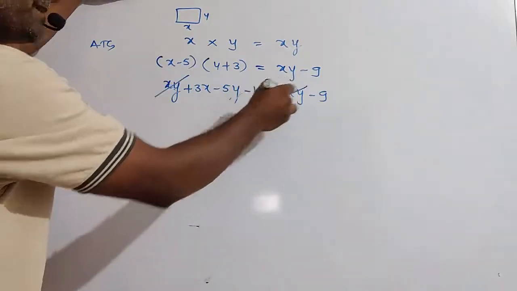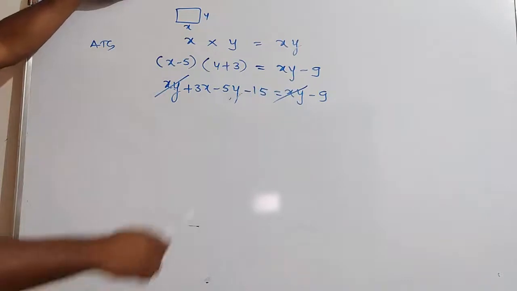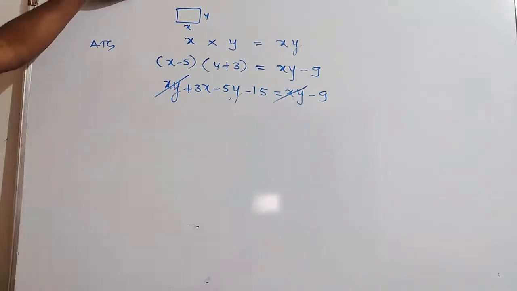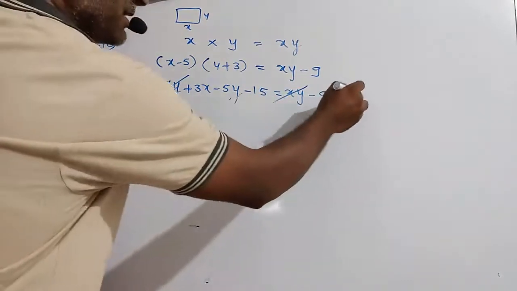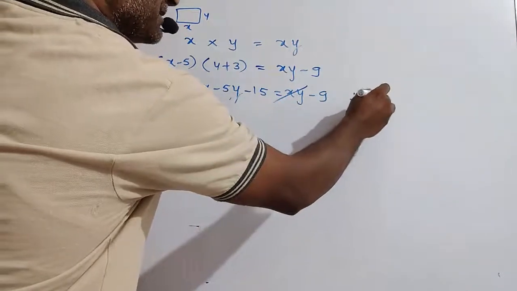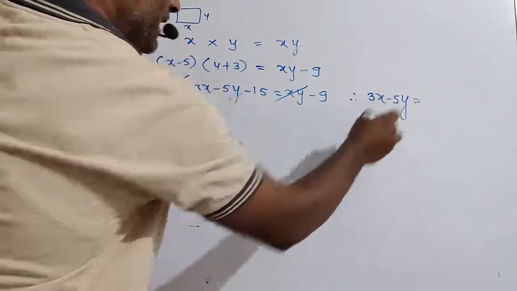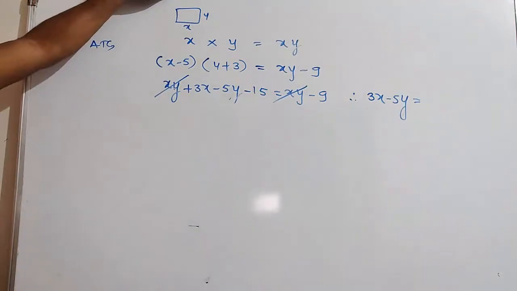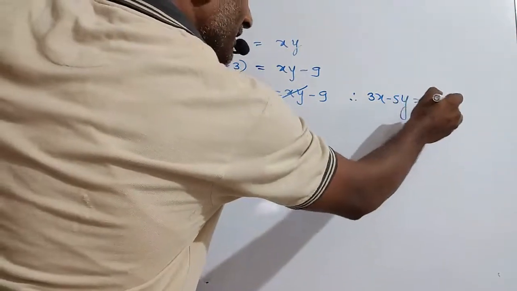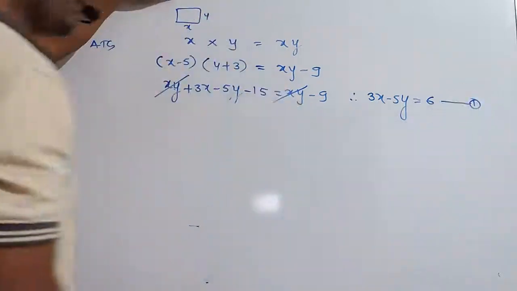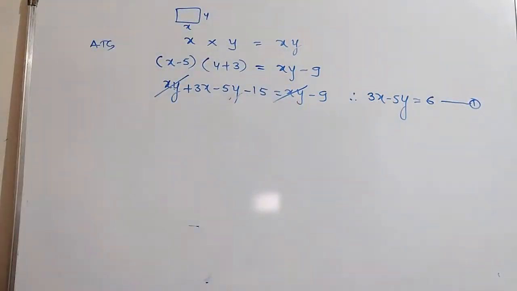This xy and this xy will be cancelled. Minus 15 will become plus 15 on that side. So this equation we got here is 3x minus 5y is equal to 15 minus 9, that is equal to 6. So this is the first equation which we got. We simplified that and we got the first equation.